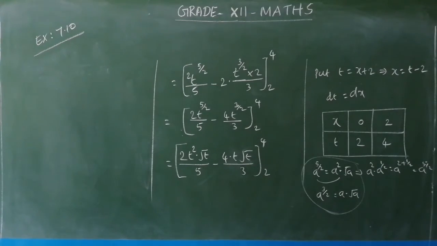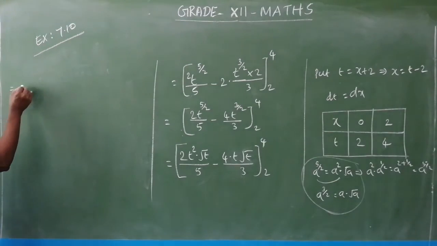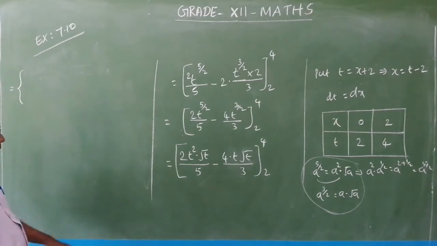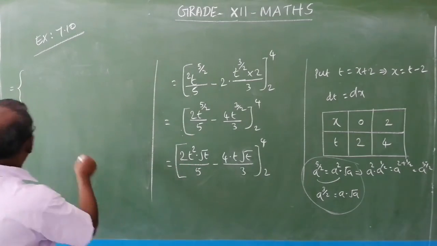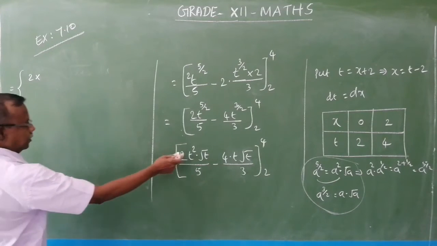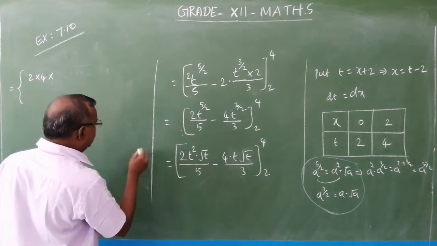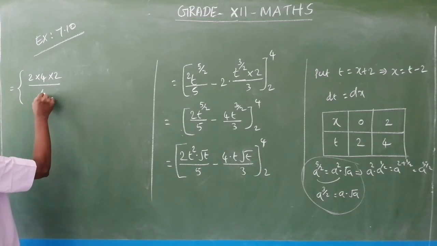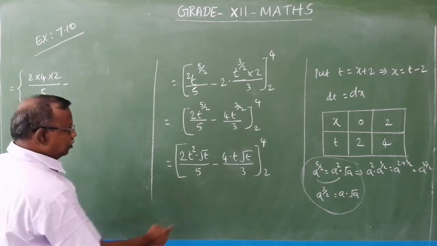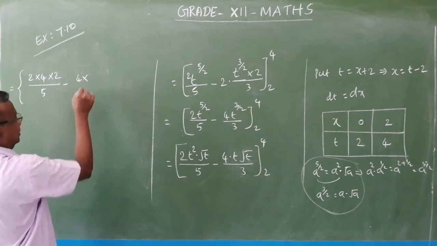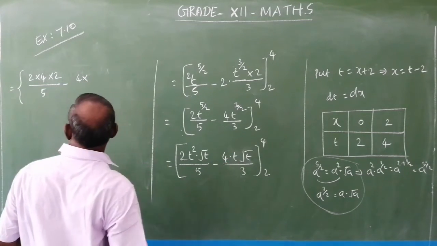First, substitute the upper limit: 2 into 4 square into root 4, divided by 5, minus 4 into 4 into root 4 divided by 3.